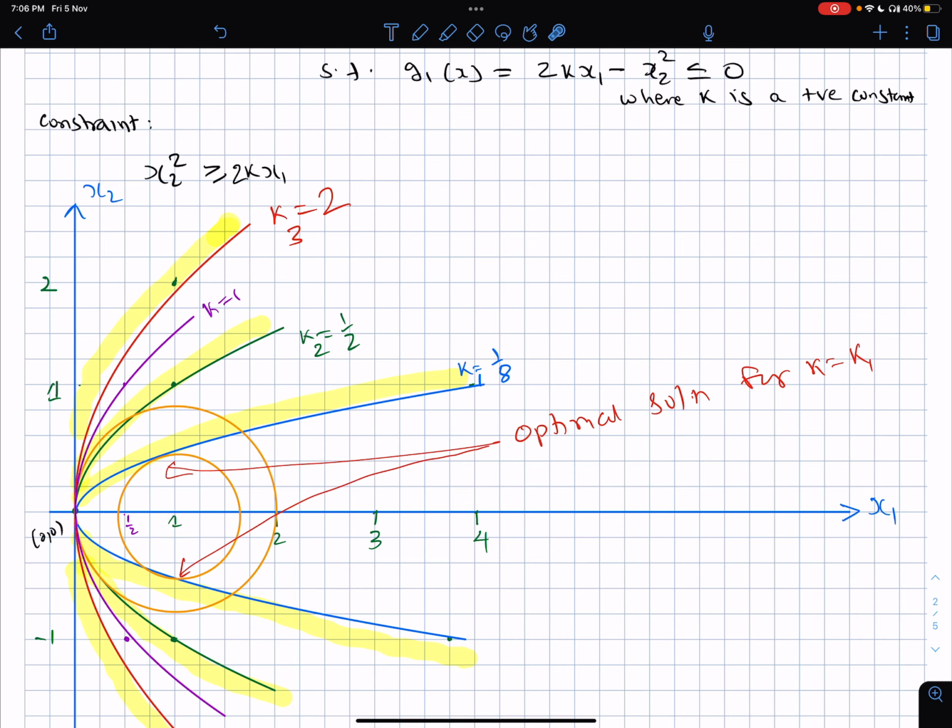As you keep increasing, for example, suppose k is 1 by 8, all points on this circle are infeasible until the circle touches at these 2 points, and that is where you will get the first circle of smallest radius which is feasible. So geometrically we can see that it will give you these two optimums.